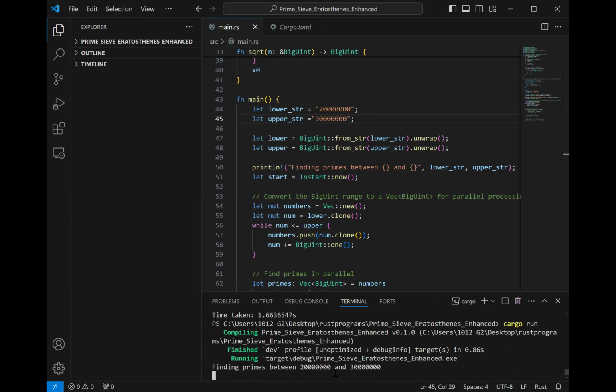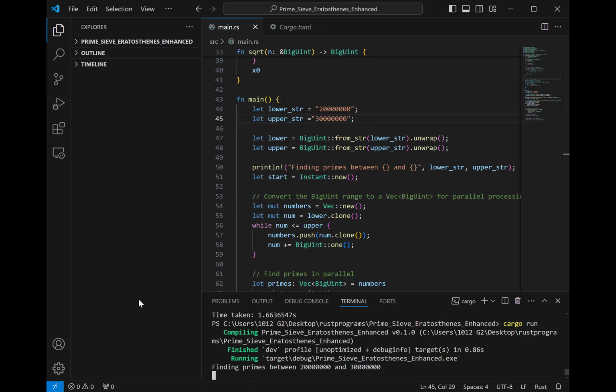And remember, the steps are not few, because it has to mark all the numbers which are multiples of 2, mark them false. Then multiples of 3, mark them false. Then go to 5, then 7, and so on. So it's not a very easy thing.